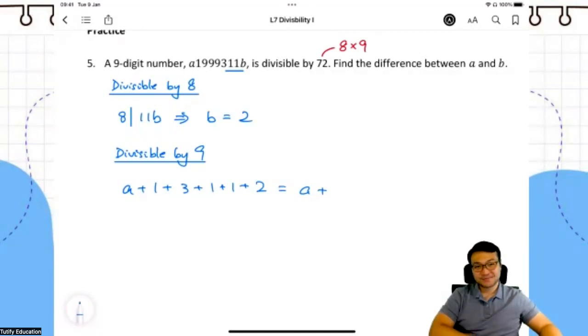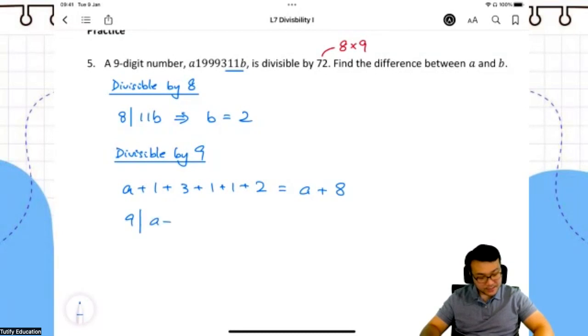Okay. 8. Yes, it's 8. So now we know that the number 9 should divide A plus 8. Therefore, what are the possible values of A plus 8?